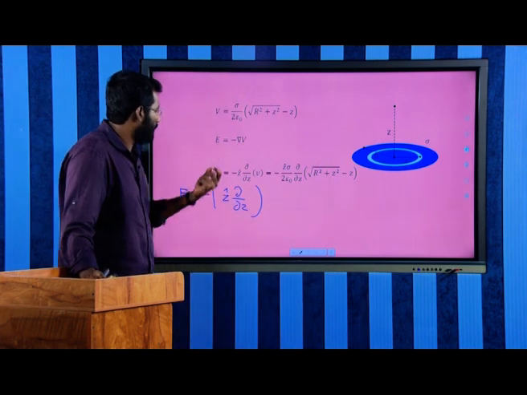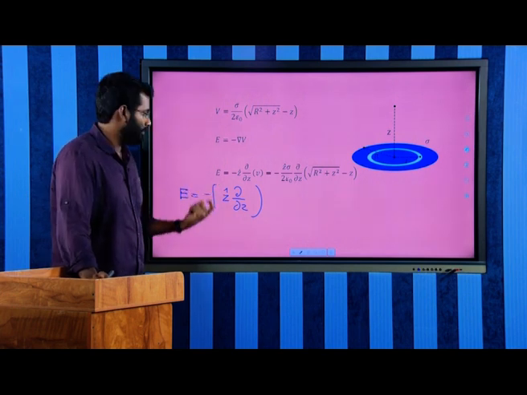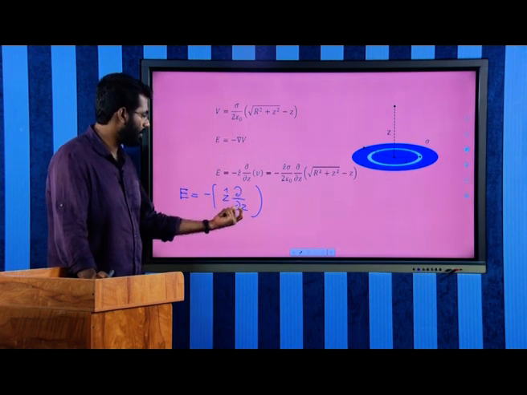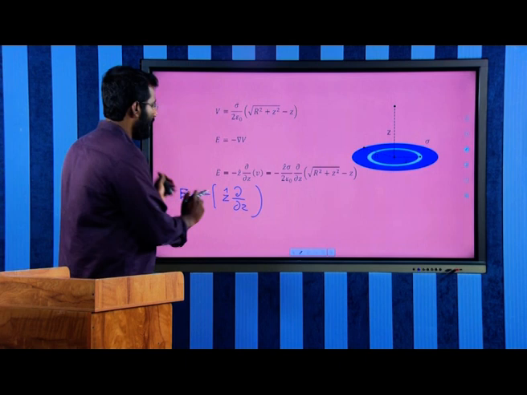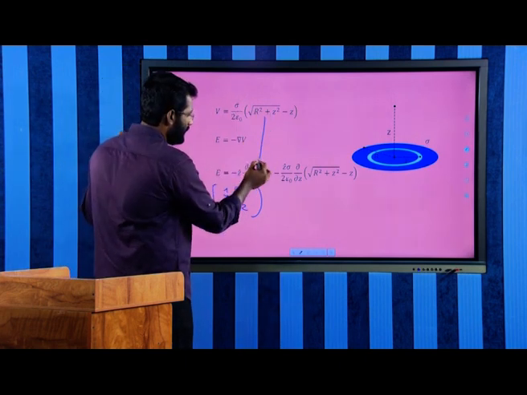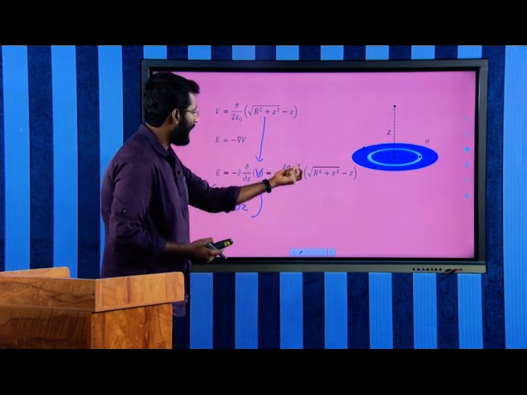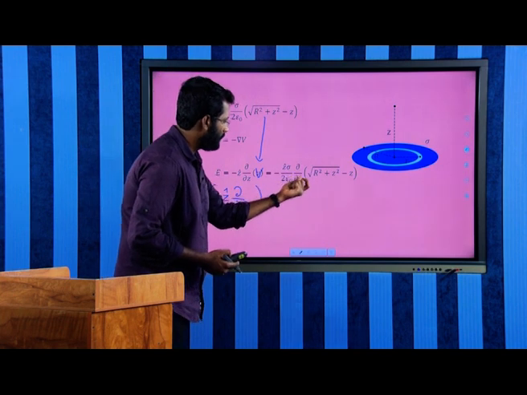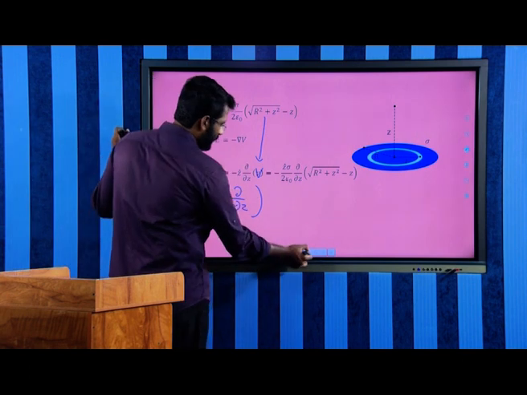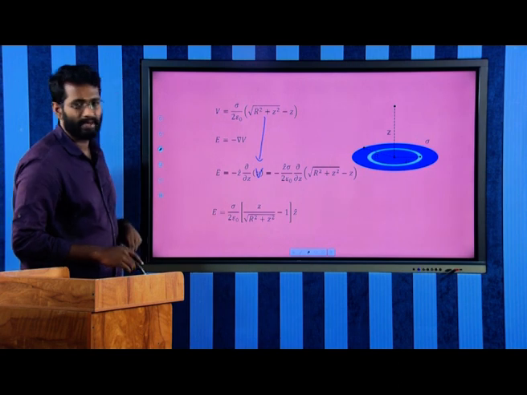So, since z is the only variable, you have to take the derivative or the gradient with respect to z. So, minus z cap into dou by dou z is the only term that exists, and minus dou by dou z of V, that is, we can put this V here, that becomes z cap into sigma by 2 epsilon 0 get outside, and dou by dou z of root of r square plus z square minus z. So, we can just take the derivative of that, which is very simple, and finally we get its field as this.